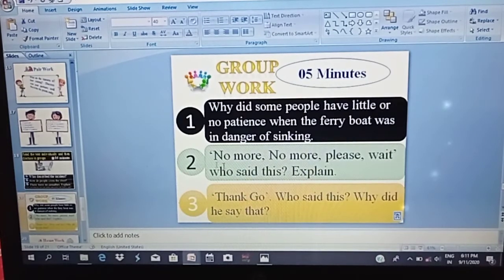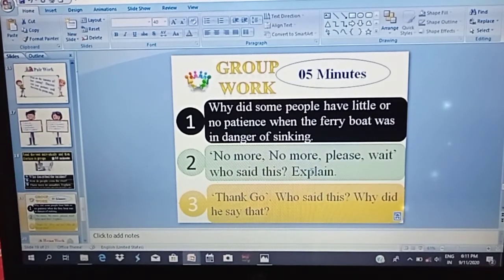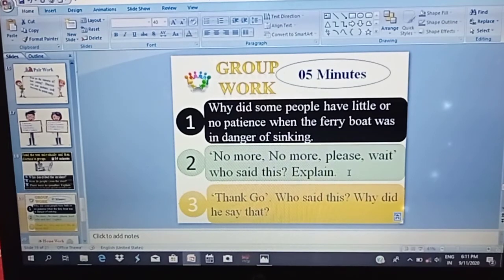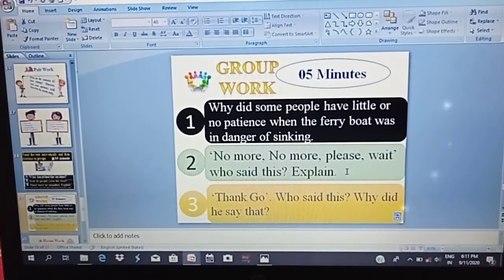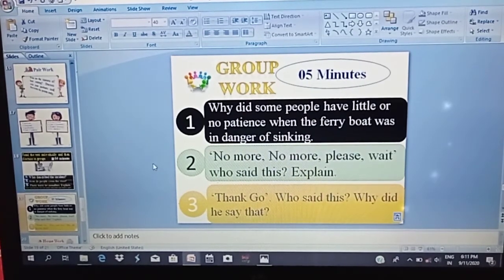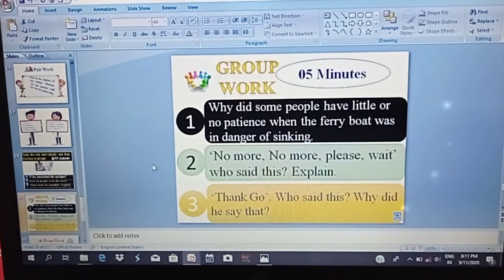Okay, so number two, no more, please wait. Who said this? Explain. We know that the boatman was shouting, saying no more, please wait, because he was watching that the ferry boat was going to be overloaded. That's why he cried out, "No more, no more."